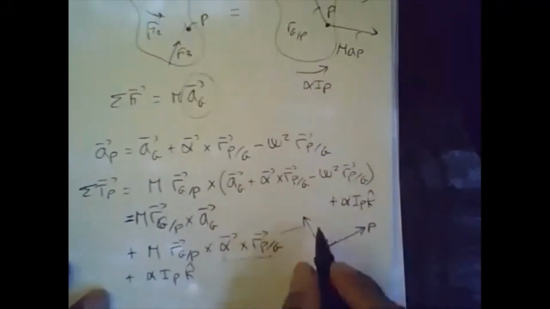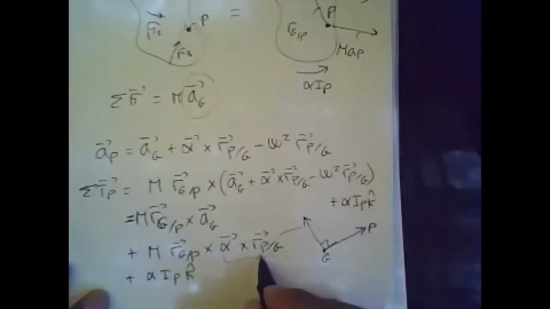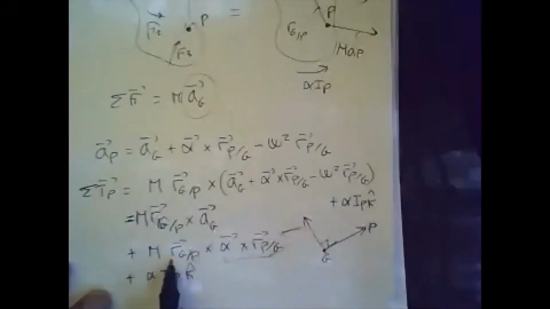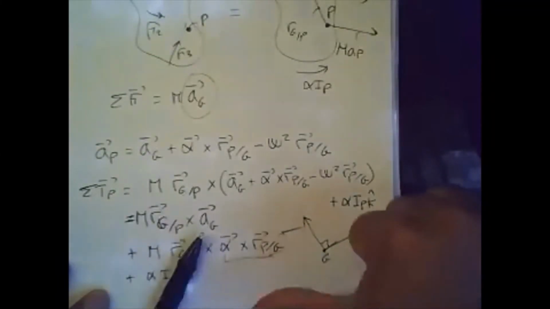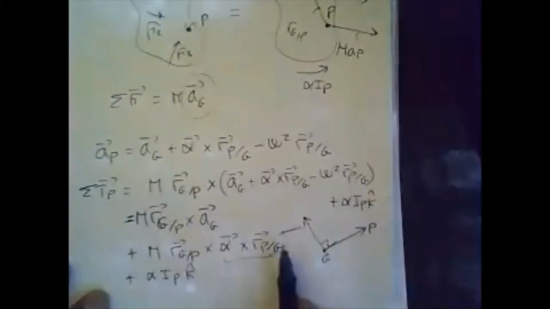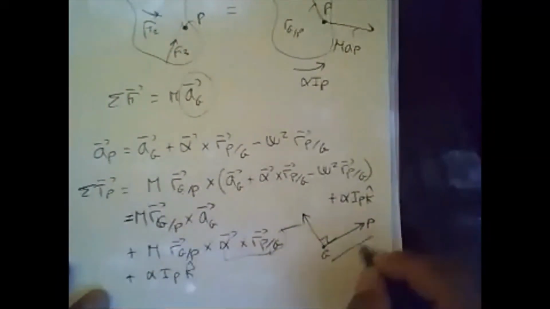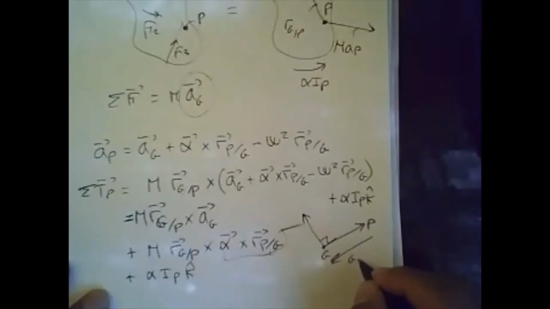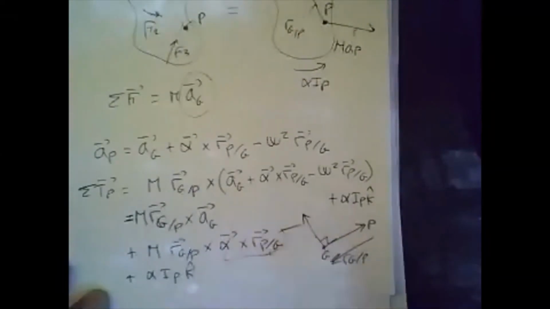And then if I do RG with respect to P cross this guy, now I'm going to come backward, right? So RG with respect to P, which is this guy, right?